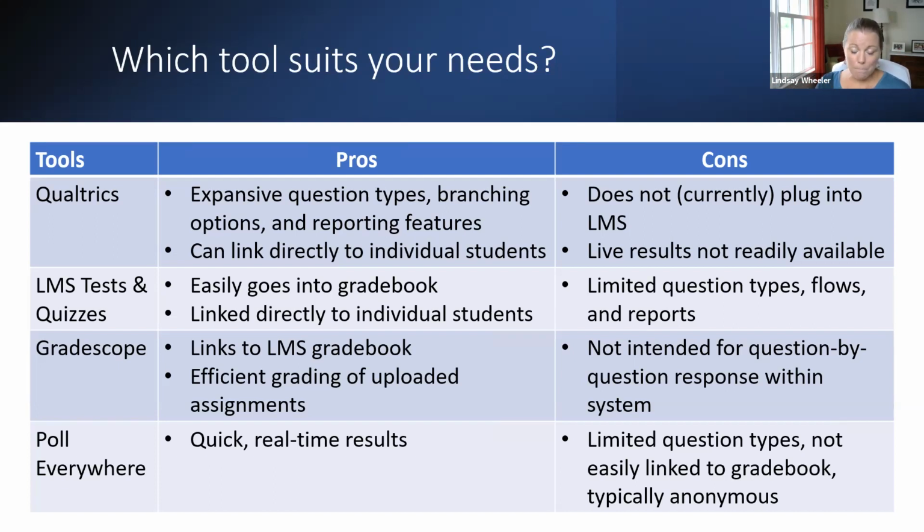I have found it much more expansive than the tests and quizzes tool in the LMS systems. But if you're looking for something where you might want to actually grade work, Qualtrics is not very effective at that. And so Gradescope might be something that you want to use. Qualtrics is great in getting feedback from students, but not so great on giving live results in class.